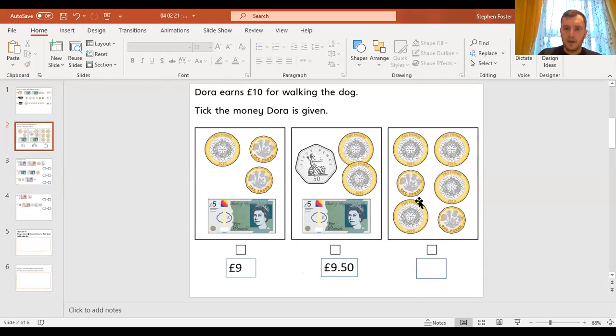Next one, I'm going to count all of my £2 coins first. So 2, 4, 6, 8, plus 1 is 9, plus another one is 10. So that one is the total that shows £10 and shows how much Dora had earned. So well done if you ticked that box.